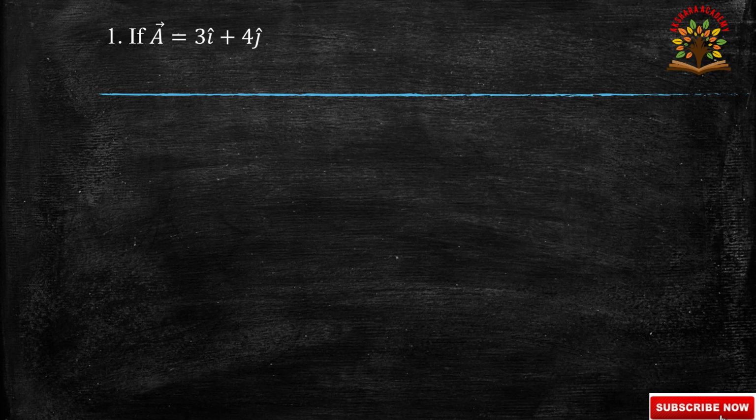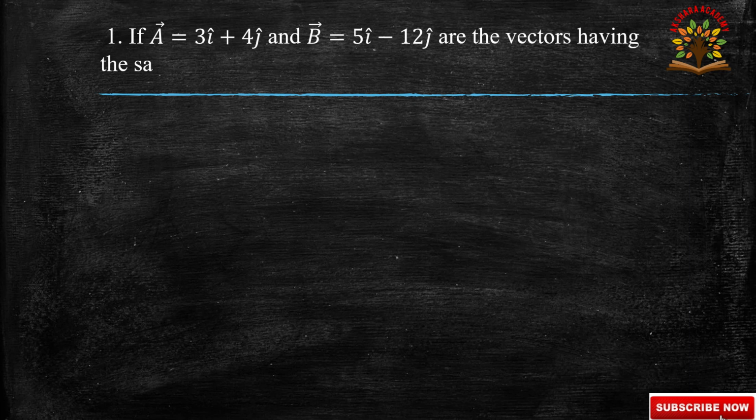If a bar is equal to 3i bar plus 4j bar and b bar is equal to 5i bar minus 12j bar, find the vector having the same magnitude as b bar and parallel to a bar. This is the given question and we will write the solution.